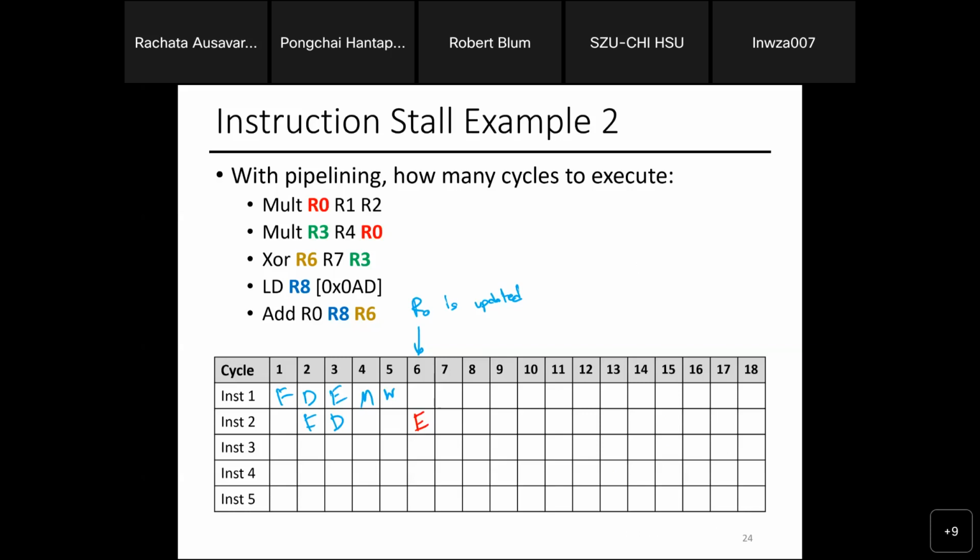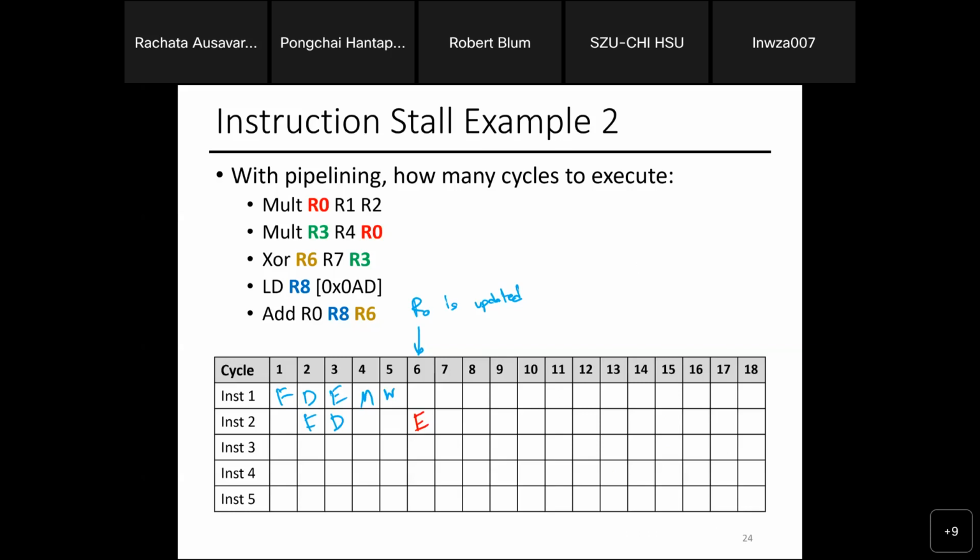It means that within cycle 5, the input to the pipeline register is the correct one, right? Is that the case? At cycle number 5, do I have R0?